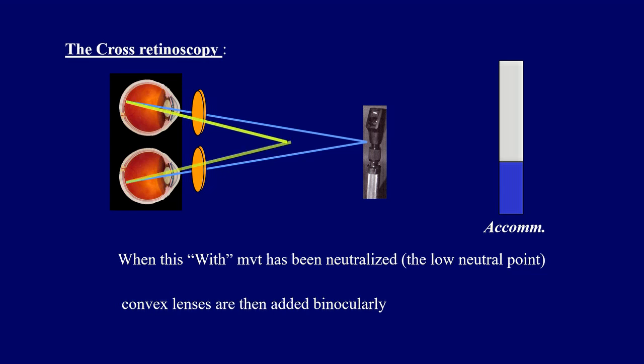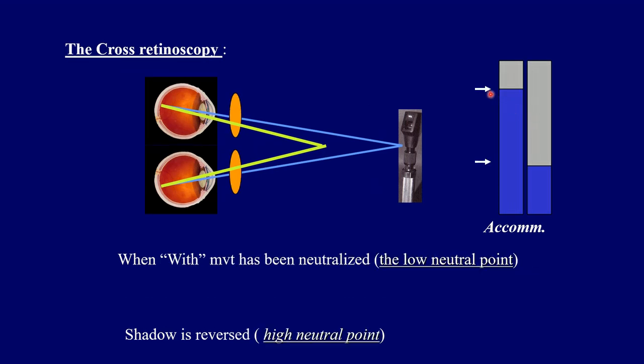So in this case, with more addition the far point will be here, and instead of seeing a neutral position, no movement, we're going to see an against movement. So we know exactly how much accommodation can be relaxed in this situation.